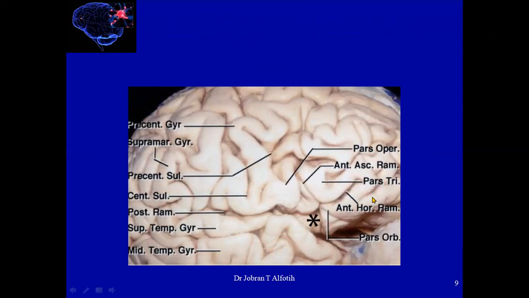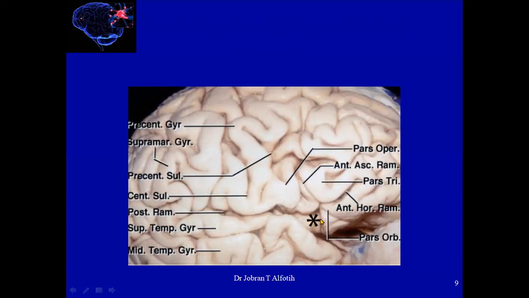In front of the anterior horizontal ramus, we can find the pars orbitalis, and behind the anterior ascending ramus, we have the pars opercularis. As you see here, the star is the pars triangularis, and beneath it is the enlargement of the arachnoid membrane in this area.